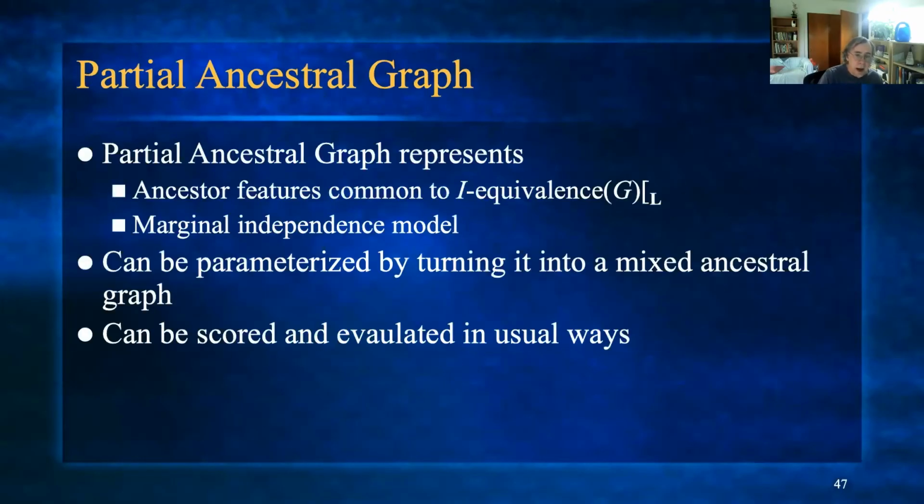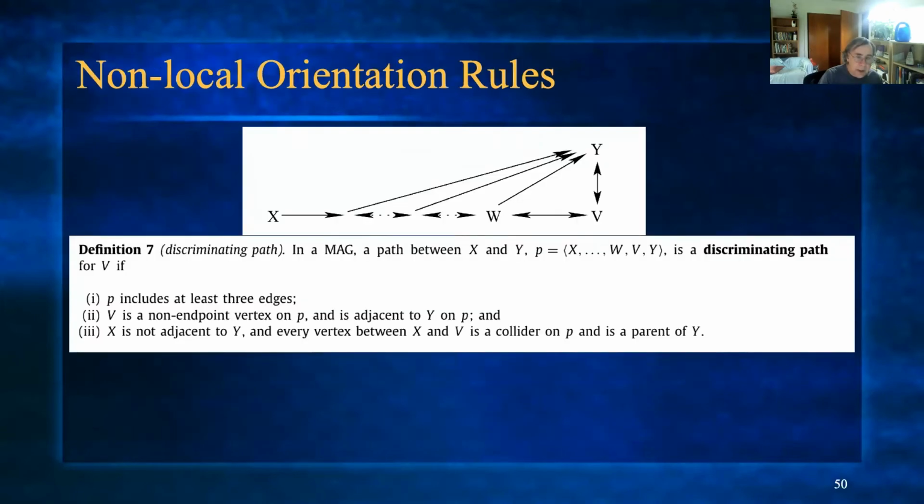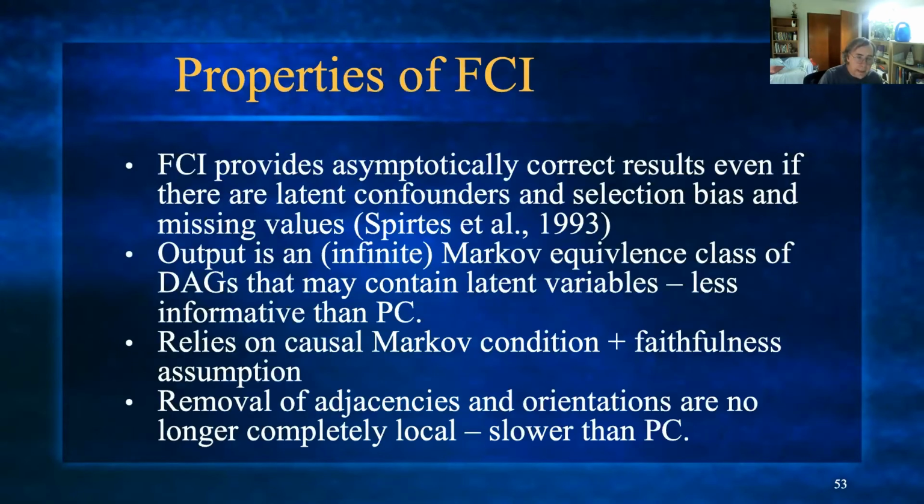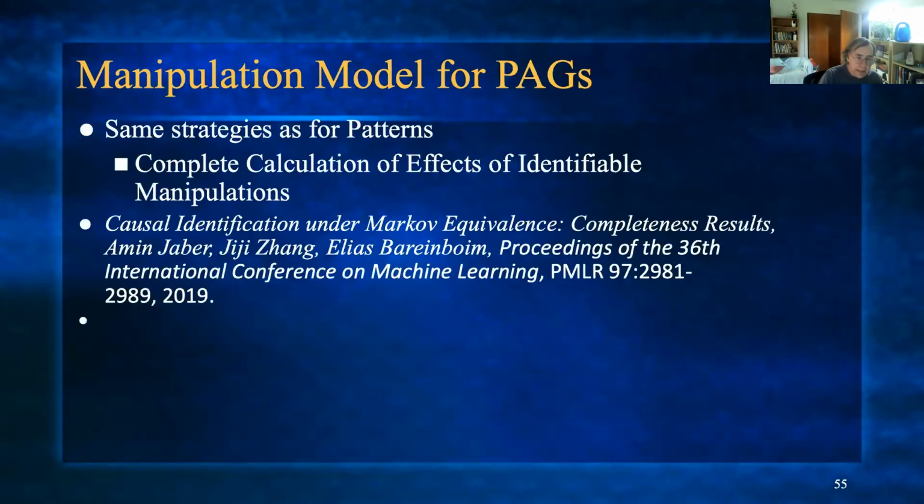The other major limitation is that if you have a case where A is an ancestor of B and there's confounding of A and B, you're not going to be able to tell that the confounding is there.